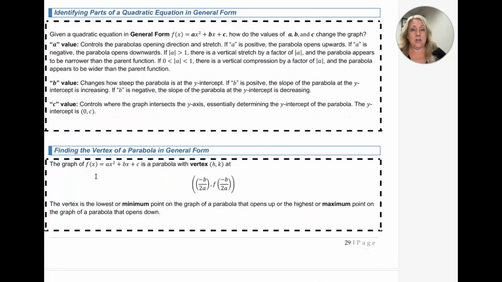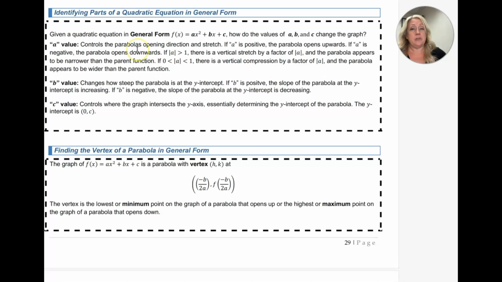All right, let's talk a little bit about the parts of the quadratic equation in general form. Like I said before, our general form is f of x equals ax squared plus bx plus c. And so we need to figure out how do the a, b, and c values change the graph?